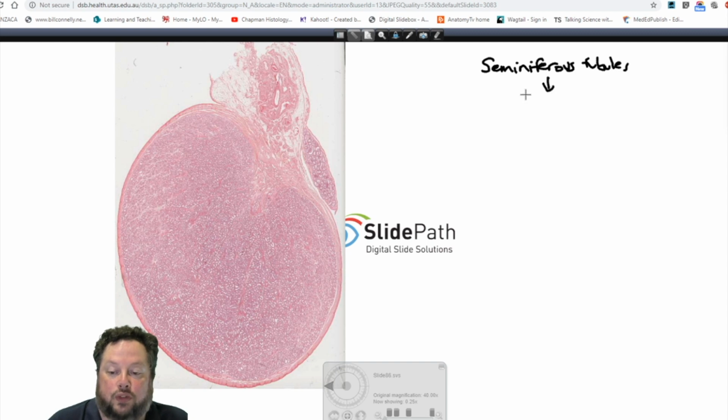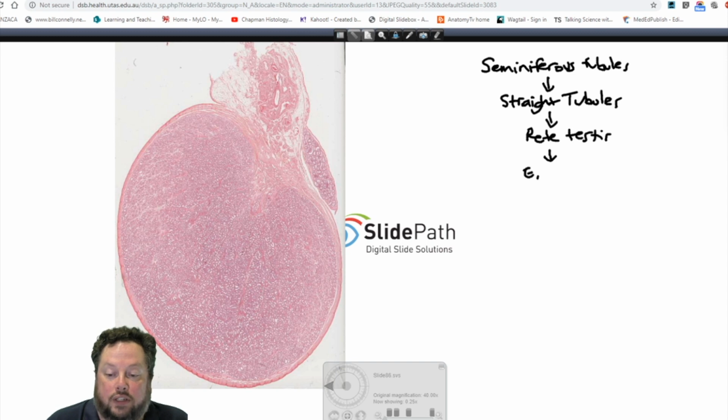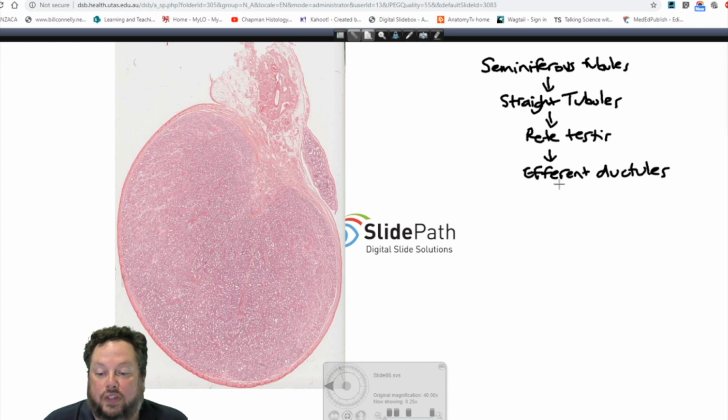Then the seminiferous tubules finish as a small region known as the straight tubules. That then becomes the Rete testis, which then flows into the efferent ductules. The numerous efferent ductules eventually coalesce into one Ductus epididymis.